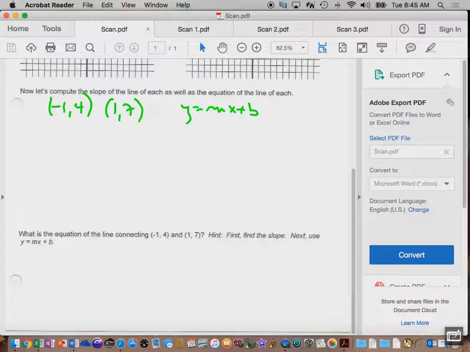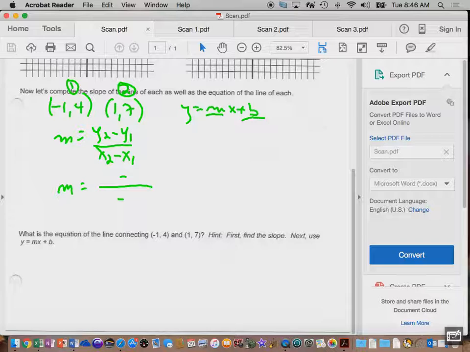Okay, so I need to fill in for m, and I need to fill in for b. I know the y equals and the x are all going to stay the same. So I can find the slope easy. That's not a problem. Slope is y sub 2 minus y sub 1 over x sub 2 minus x sub 1. There's my formula set up. I don't care which point's which. You can have either point be point 1 or point 2.